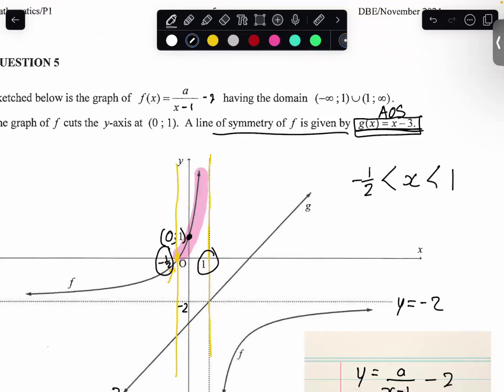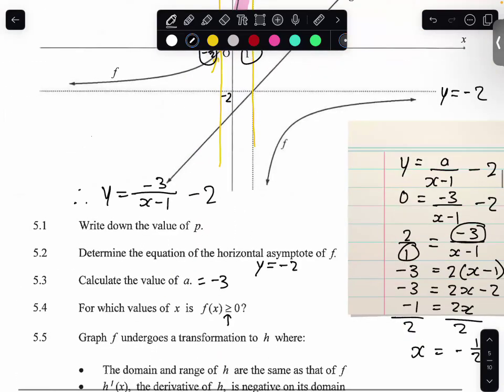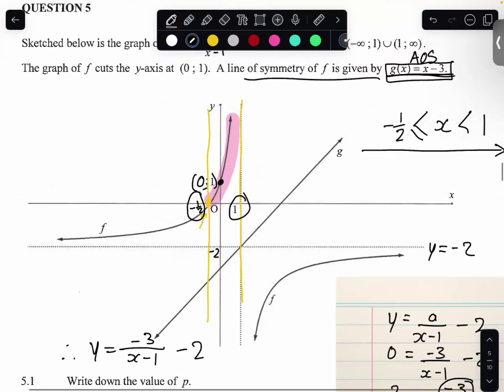No. This one will get an equal to, this one will not, because 1 was the asymptote of the hyperbola. And so your answer is that the hyperbola will lie above the x-axis from minus a half to 1. You will include the minus a half because the question has an equal to, but the 1 will not get an equal to because 1 is an asymptote. Okay.